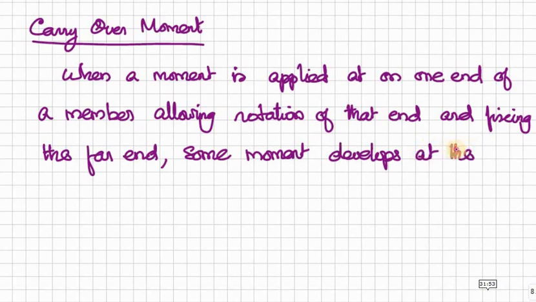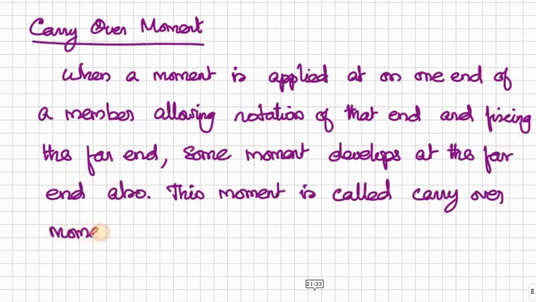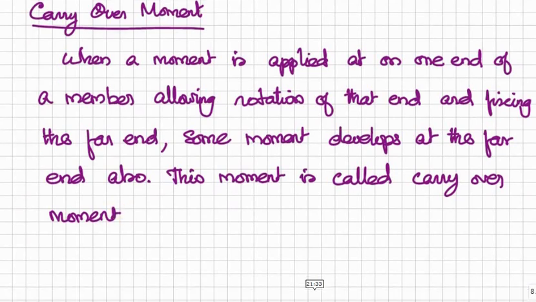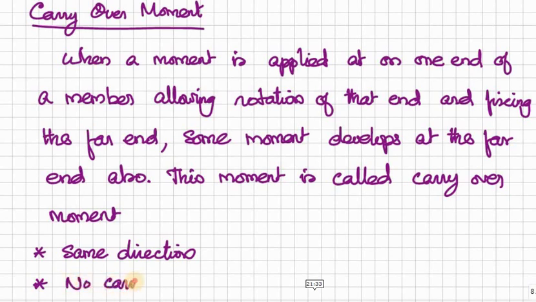That moment is called carry-over moment. This is applicable only if the far end is fixed or an interior support, that is, having moment carrying capacity. If the far end is hinged, then no moment will be carried. And the moment will be carried only in the same direction.